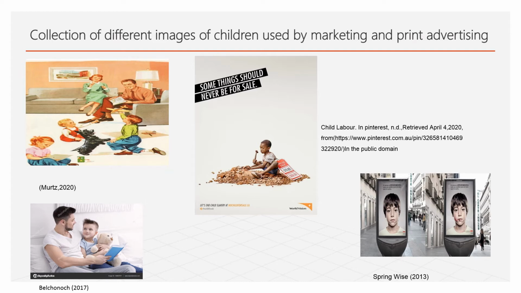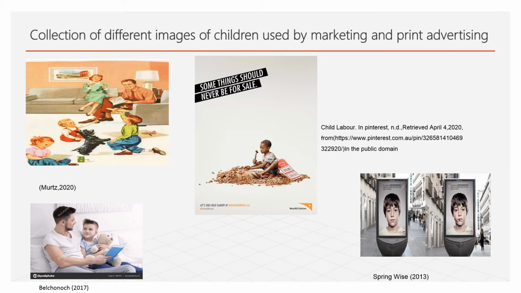Now, I would like to talk about the collection of different images of the children used by marketing and print advertising. The first image illustrates 3 children playing, where the parents are also involved in the play.